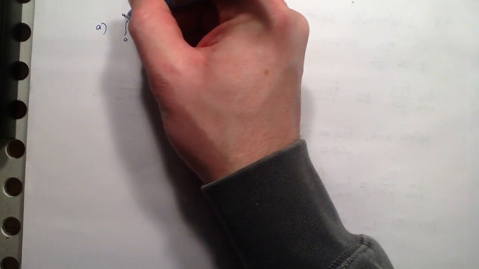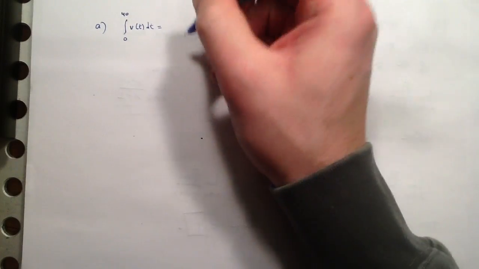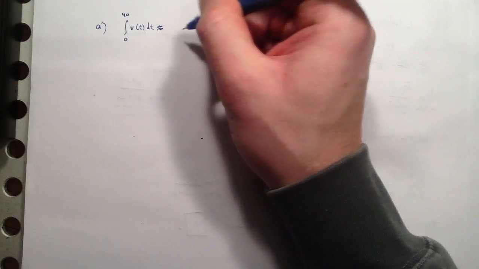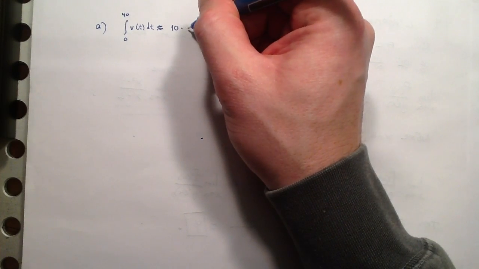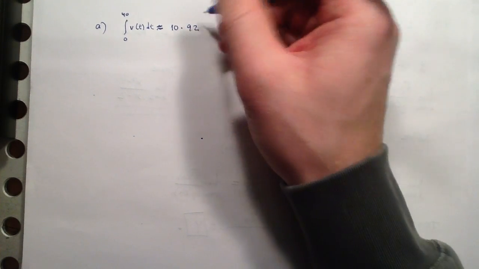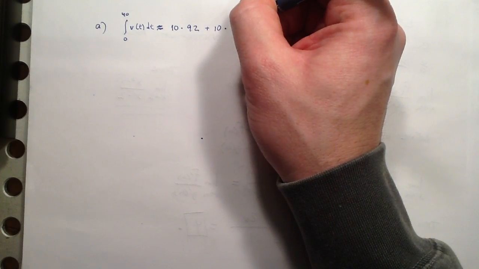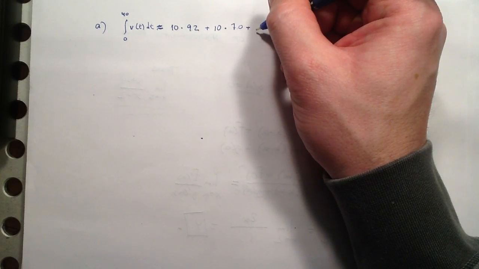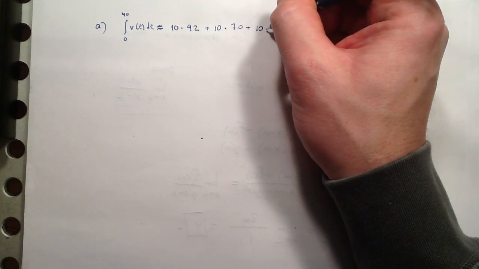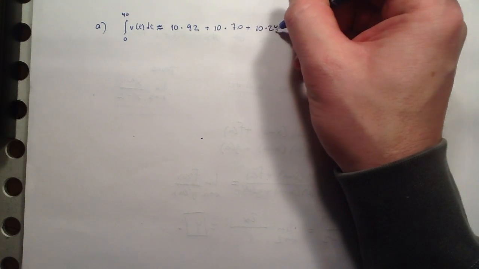The first rectangle, I'm calculating an approximation for this. The first rectangle is 10 wide and 9.2 high. Second rectangle is 10 wide and 7.0 high. Next one is 10 wide and 2.4 high.